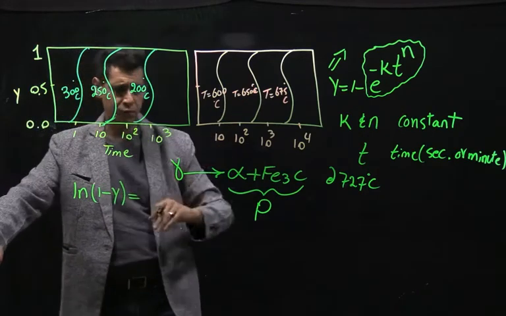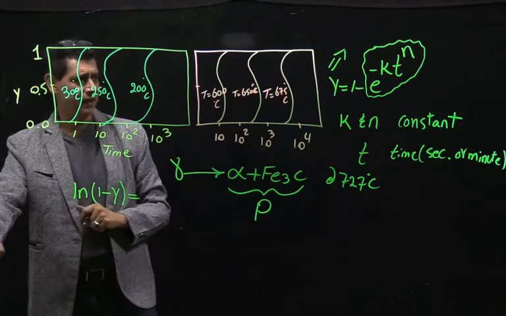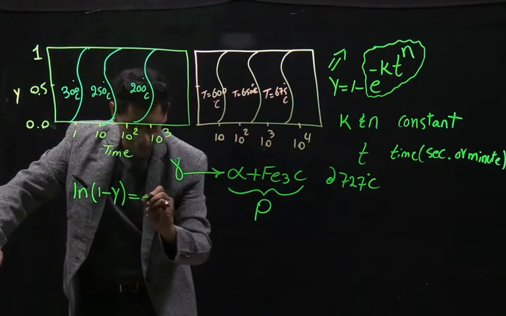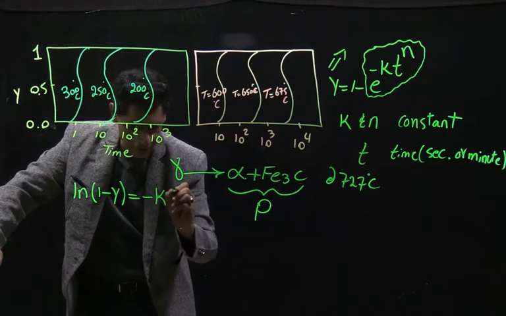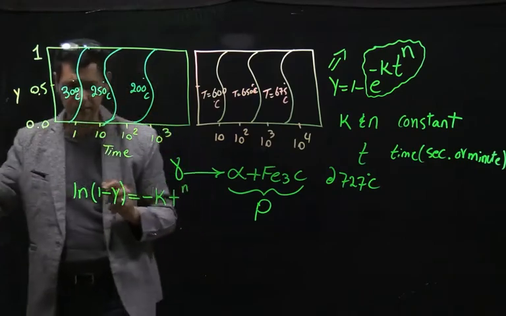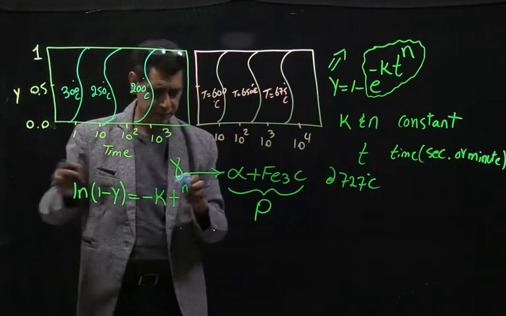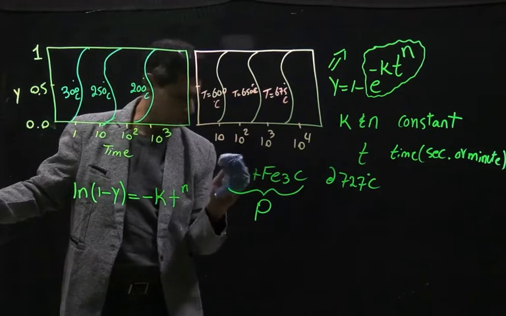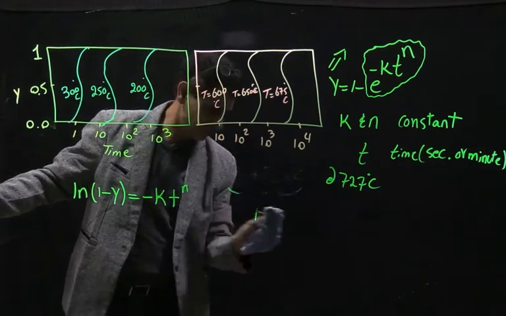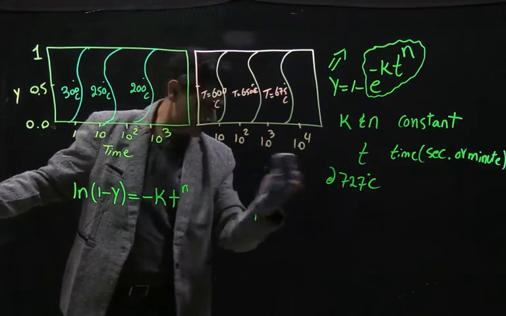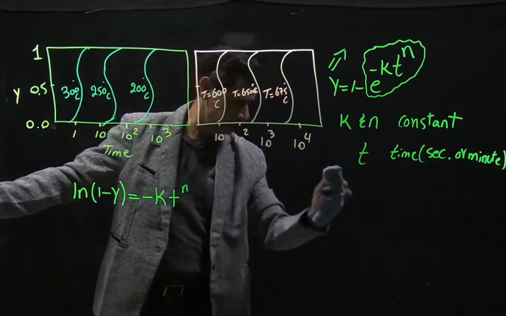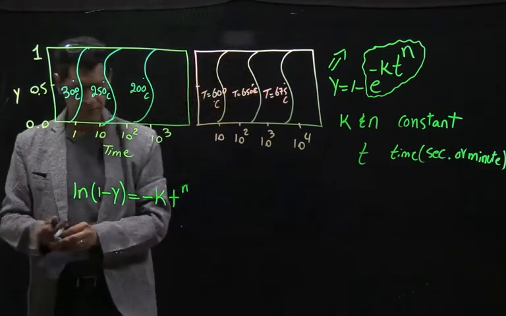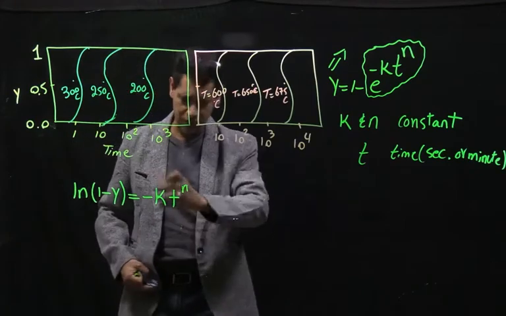I bring that one, multiply by negative, and this would be minus k t to the power n. Maybe I delete this part so we know all about the actual eutectoid phase transformation, so we don't need this here.